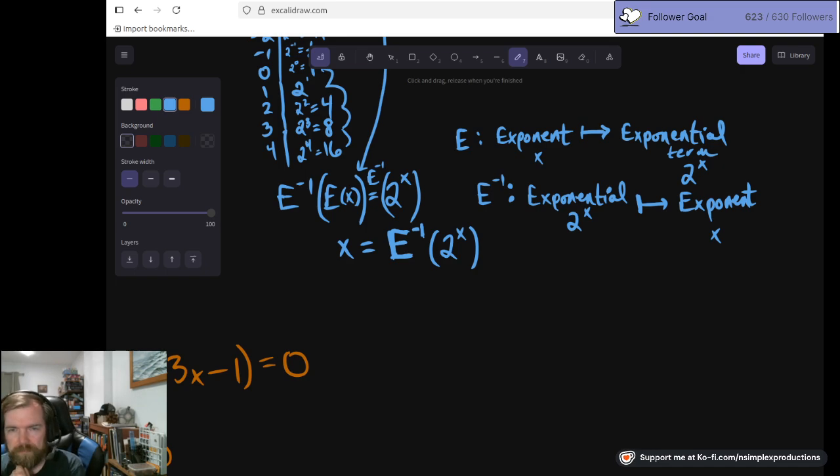This is too old, unfortunately. What year is this? 22. So this is not my latest set of boards, which did have a slightly different way of introducing logarithms as inverse functions, specifically inverse functions.